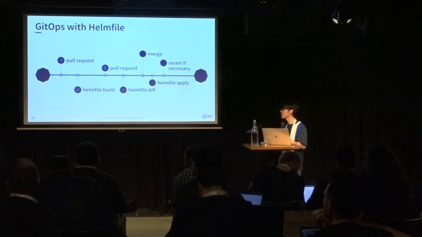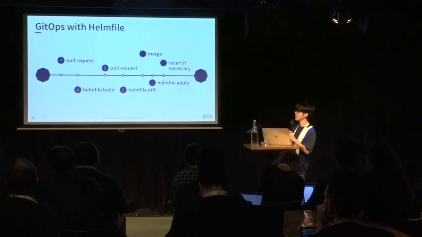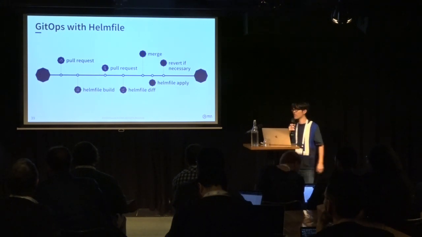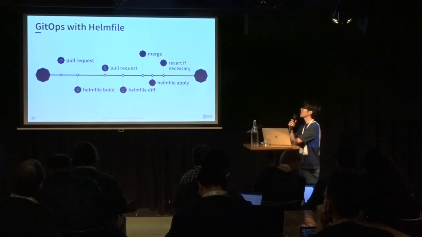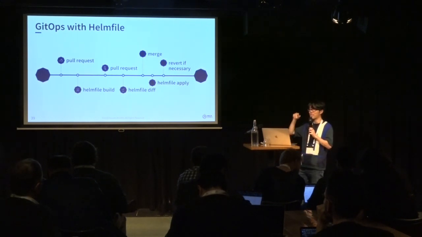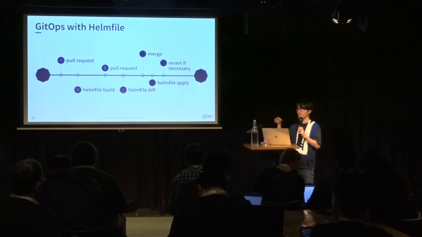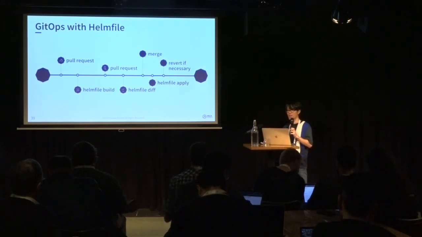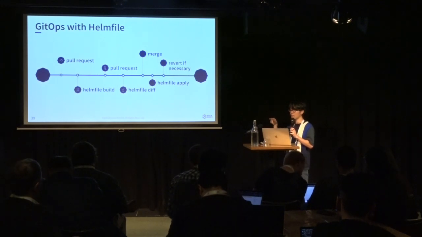On this slide, what's the difference between the two pull requests? How do I explain it? The first pull request can be made to a template repository, and that contains a template of your infrastructure.